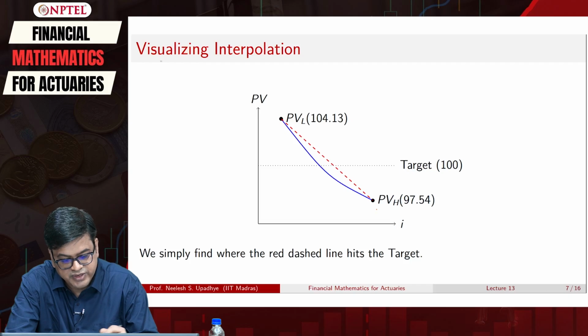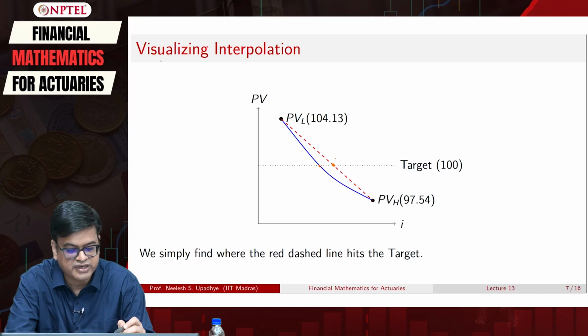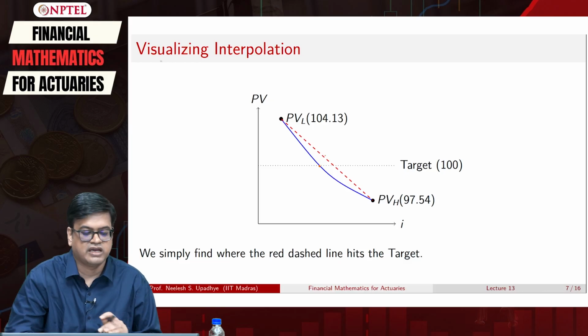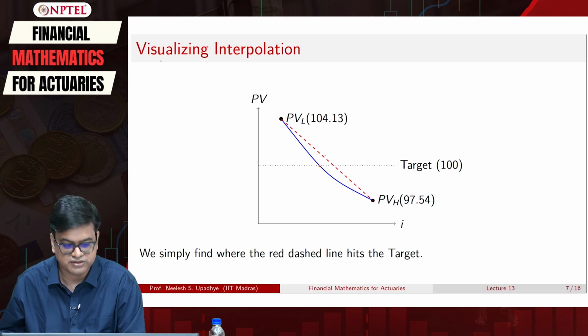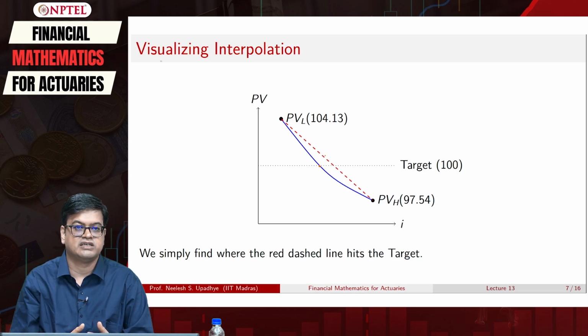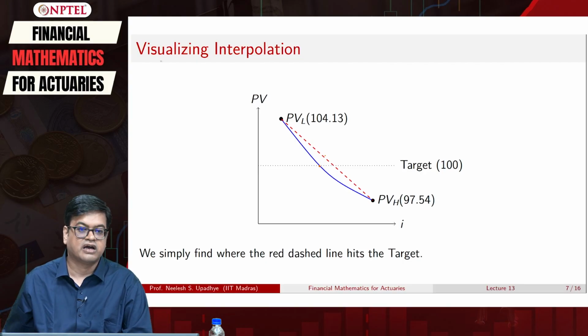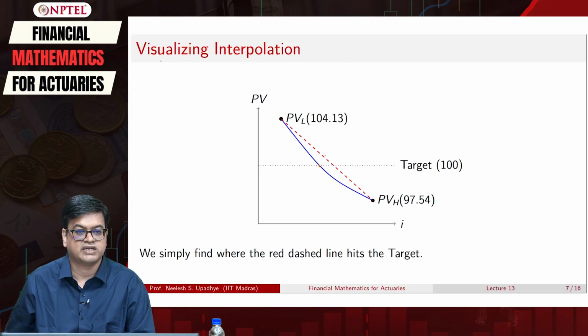Now when you hit the target, which is 100, you will get the interest rate of somewhere here. Remember, there is a gap in this approximation, or there is an error. Okay, so that you should always remember. This is how we will visualize the interpolation graph, and how to get rid of it is our next strategy.